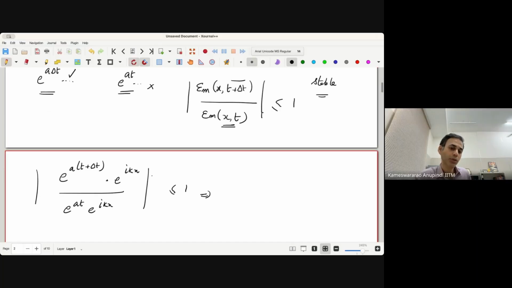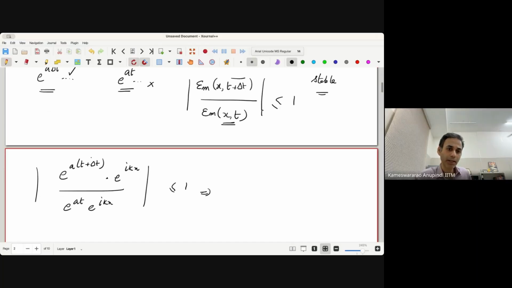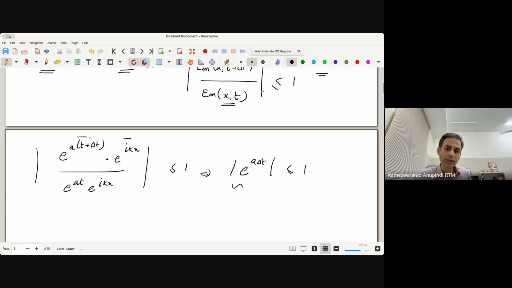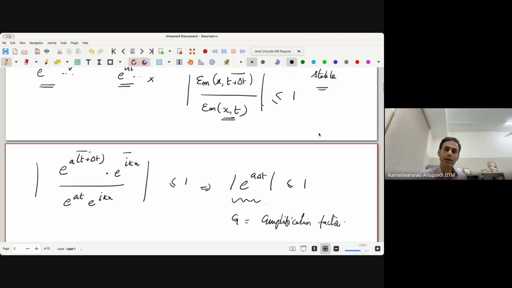This basically gives you, because e to the power a t and i k x get cancelled in the numerator and denominator, e to the power a delta t less than or equal to 1. So this value, we also represent with a letter G, which is called the amplification factor.